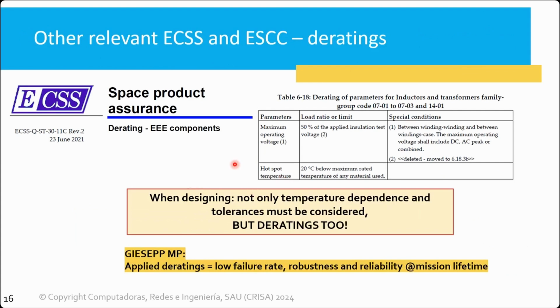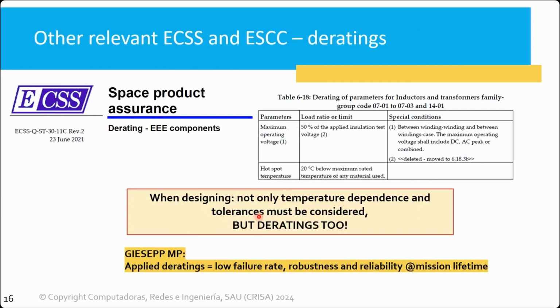Another rule that we have to meet is the derating standard, also from the ECSS. This one in particular is very useful to ensure a low failure rate of our components, and again to ensure reliability and robustness during the whole lifetime of our mission.